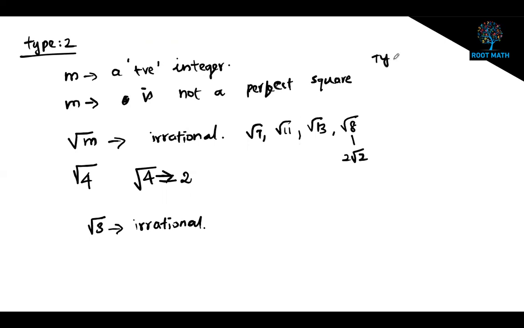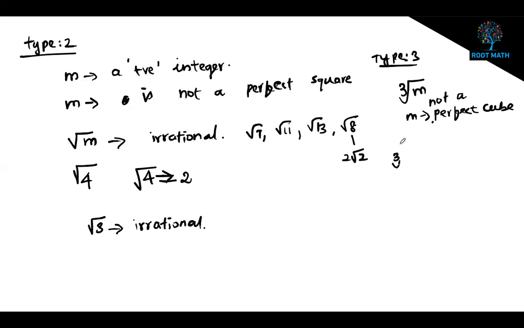Type 3 irrational numbers: the cube root of M, where M is a positive integer and M is not a perfect cube number. If M is not a perfect cube number, then these types of numbers are also said to be irrational.